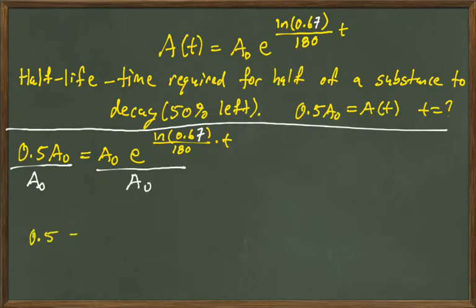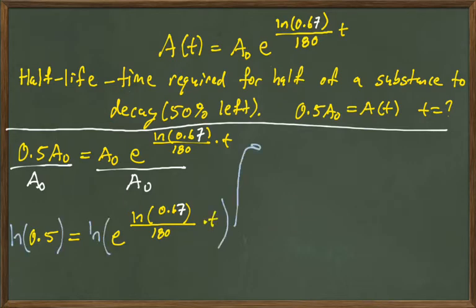So we have 0.5 equals e to the ln of 0.67 over 180t. And we're going to take the natural log to make the e go away.